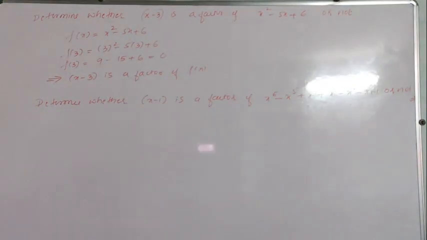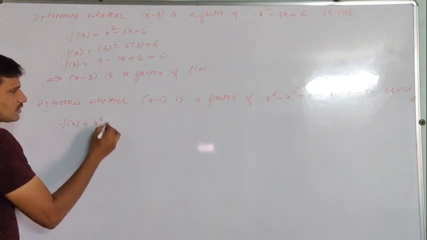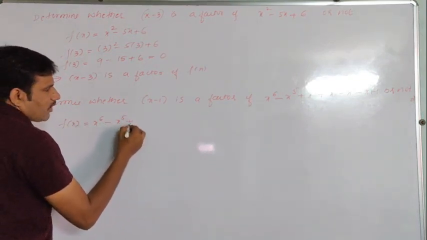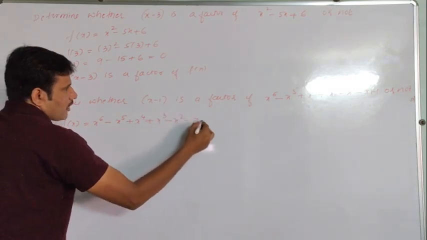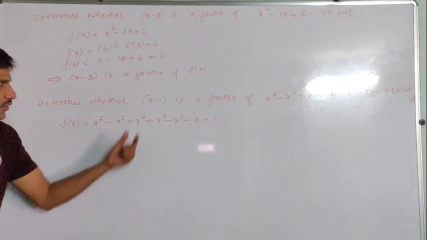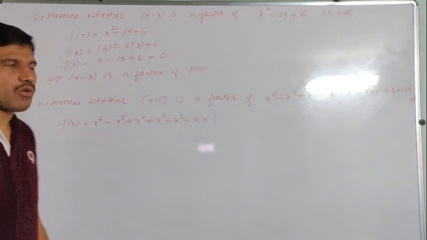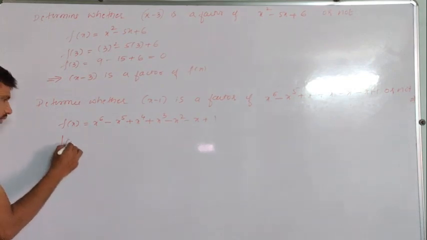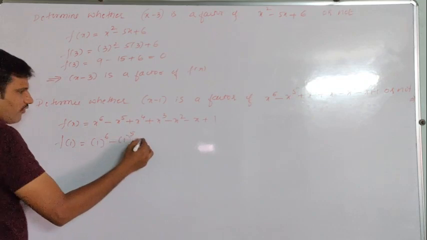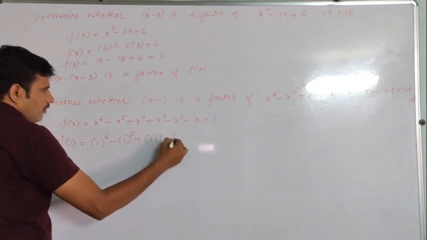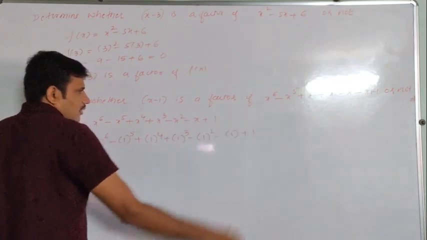Similarly here also do the same thing. So take that polynomial as f of x. What is f of x? x raised to 6 minus x raised to 5 plus x raised to 4 plus x cube minus x square minus x plus 1. Now we have to check whether x minus 1 is a factor. So put x is equal to 1. So that is f of 1. f of 1 is 1 power 6 minus 1 power 5 plus 1 power 4 plus 1 cube minus 1 square minus 1 plus 1.